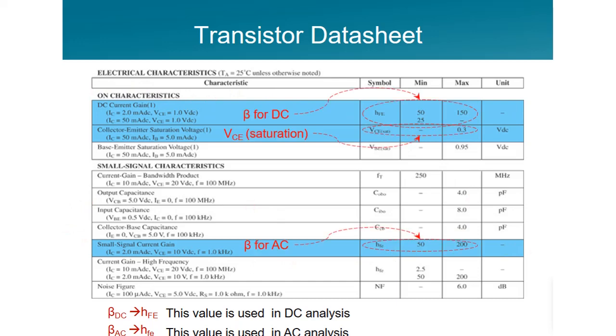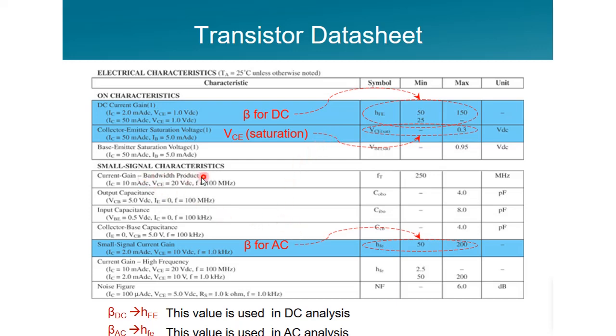In the on characteristic table, the important one is the DC current gain, or actually we call it beta DC, HFE. You cannot find a beta value in this table because it uses HFE as beta for DC. And this is the VCE saturation, collector emitter saturation voltage.